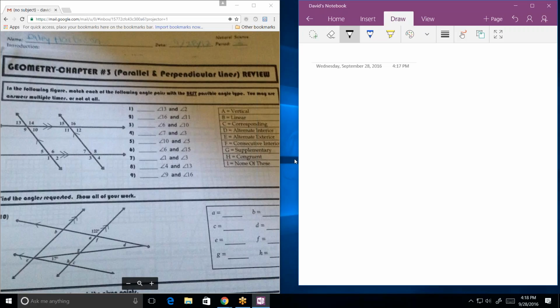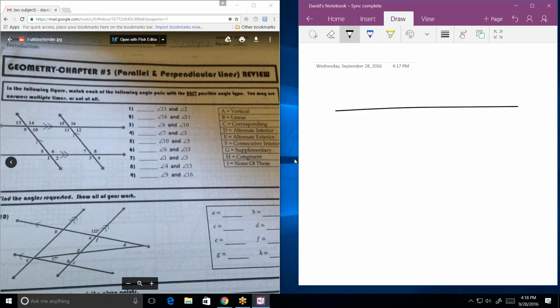Now what's D? D is basically this angle right here. This is D. And over here we have 17 degrees. So what's D? 17. Based on what? It is also acute.